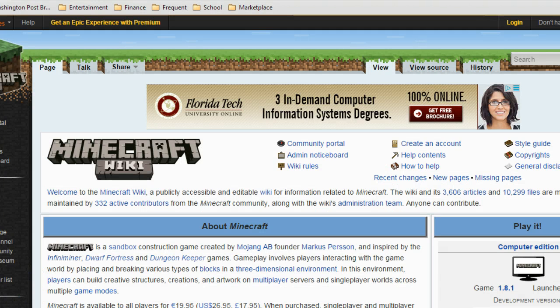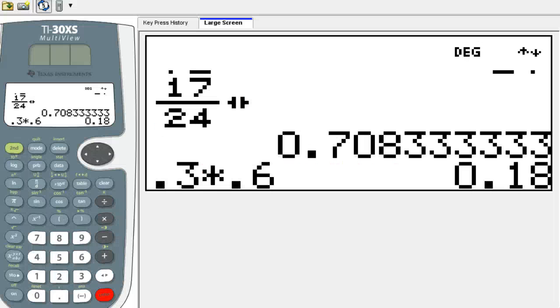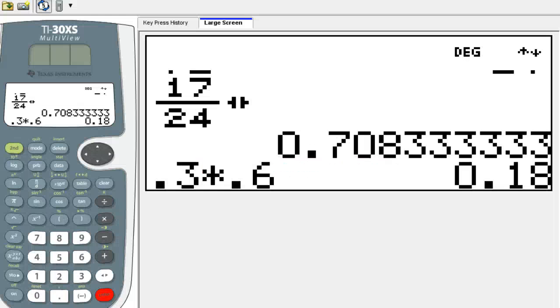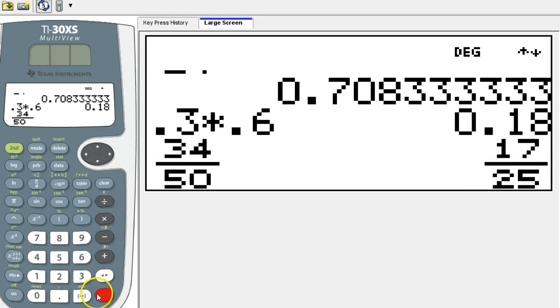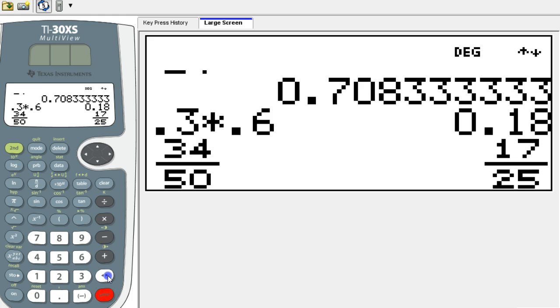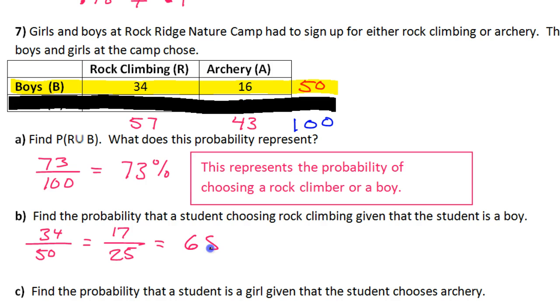This will reduce. 34 out of 50 is 17 out of 25, which is 0.68 or 68%.